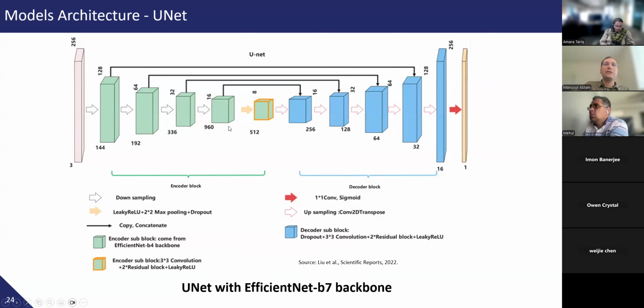The main feature of EfficientNet V7 is that it has a compound scaling method that can scale in depth, width, and also the resolution of the image. It gives us a good capability to detect all of the features in the images, and be useful for the segmentation.